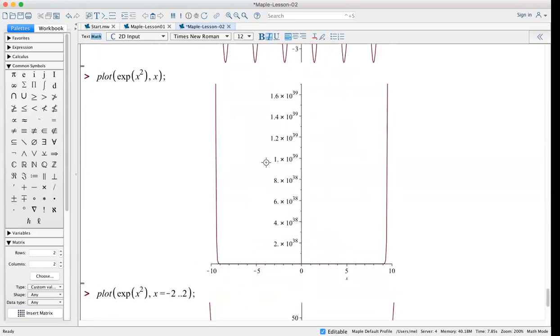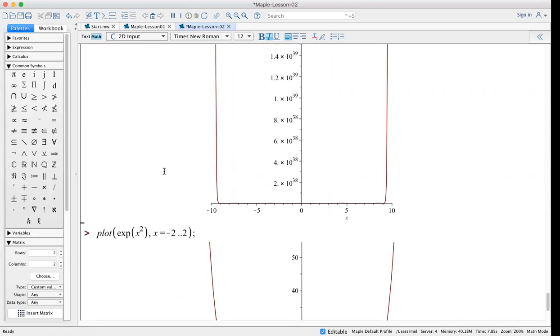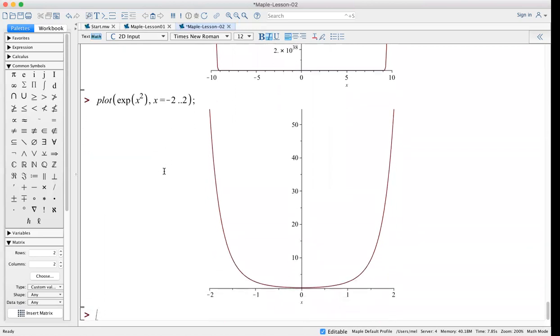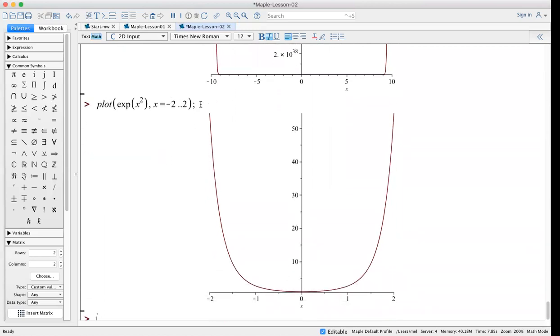Now, this graph is not wrong. It's absolutely correct. This is what the graph of the function looks like. It's just that this grows so fast that it's like shooting up to infinity. And that's what it looks like.